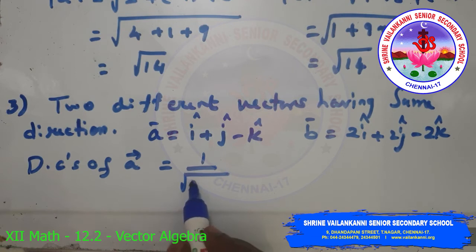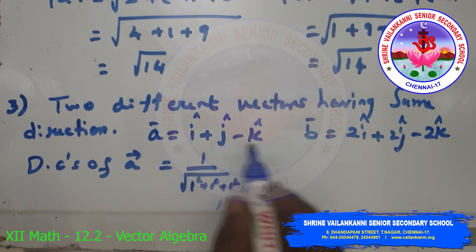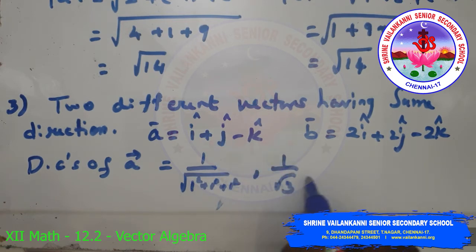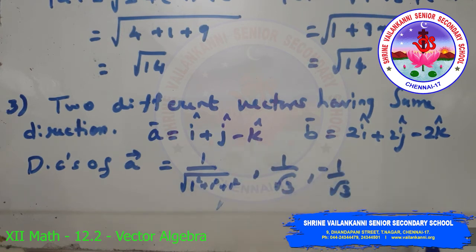So the DCs of A are 1 by root 3, comma 1 by root 3 and minus 1 by root 3, the coefficient of k.